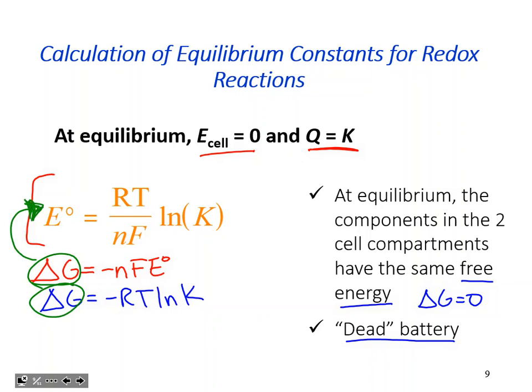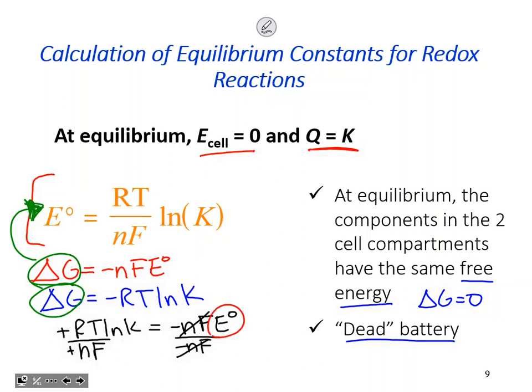So basically what we get here is negative RT ln K is equal to negative nFE. And all we have to do is divide both sides by the negative nF. This cancels and these become positive. So as you can see, E equals RT over nF ln K. So you can easily derive it from those other two.